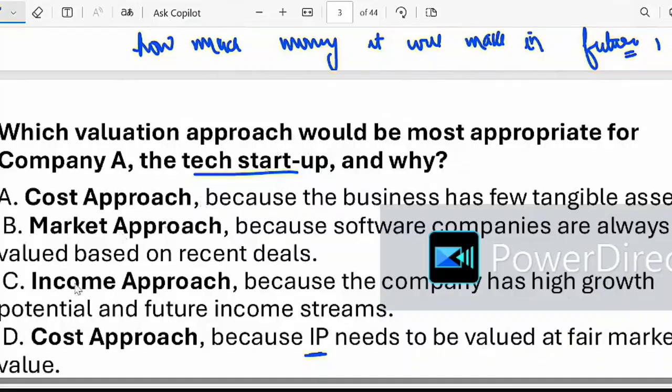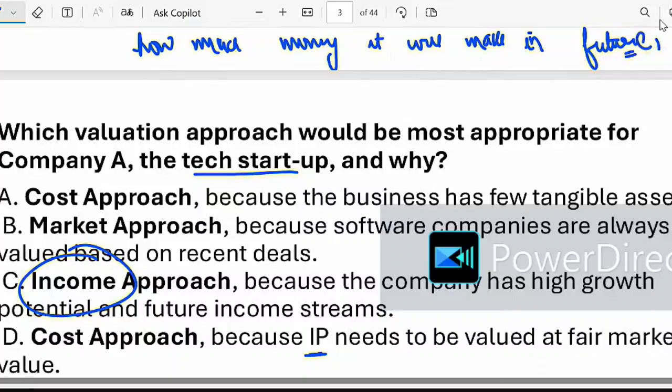Income approach always looks forward. You must know that the income approach always looks forward, right? It does not look backward, because what we are looking at is how much money it will make in the future.